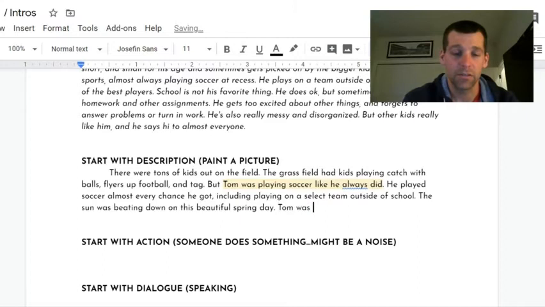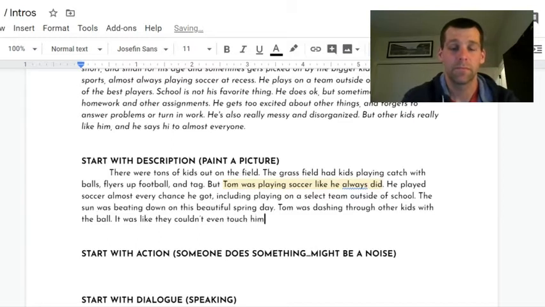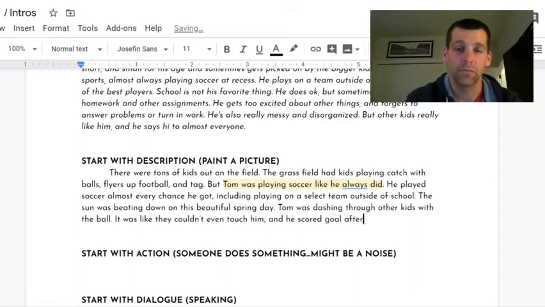Tom was dashing through other kids with the ball. It was like they couldn't even touch him. And he scored goal after goal, and I'm trying to make sure that people understand exactly who he is. Okay.